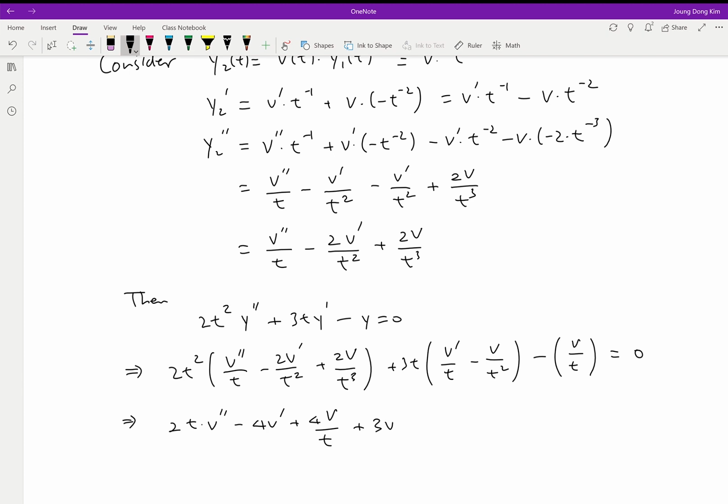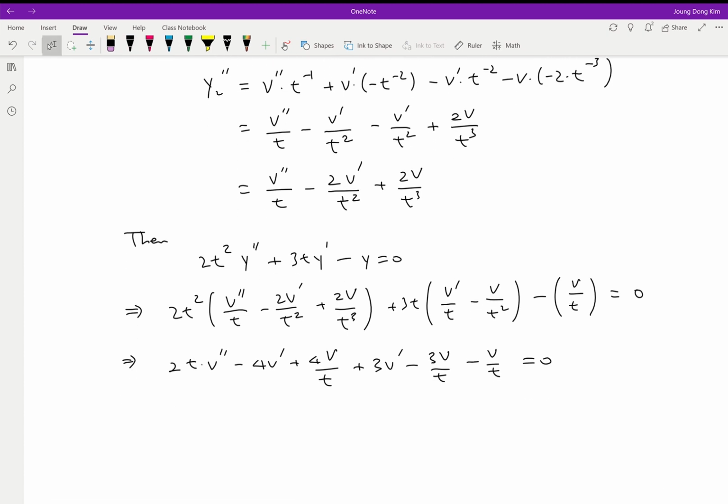Plus 3v prime minus 3v over t and minus v over t. Right? Look at that. At this moment, you can easily see that all the v terms will be gone. So 4v over t and minus 3v over t and minus v over t is gone.